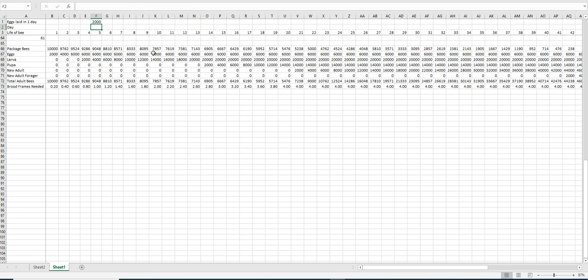Now your eggs go up to like 6,000 total eggs, and you have up to 20,000 larvae. 20,000 larvae is your max, and 14,000 pupa is your max. And then you get 2,000, 4,000, 6,000. So day 21, you have lots more bees emerging. So I just thought this was interesting and wanted to share it.